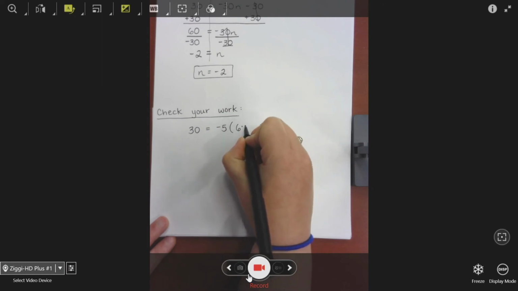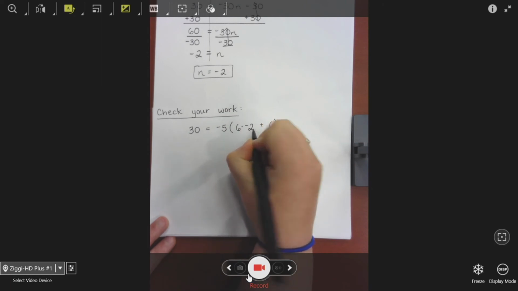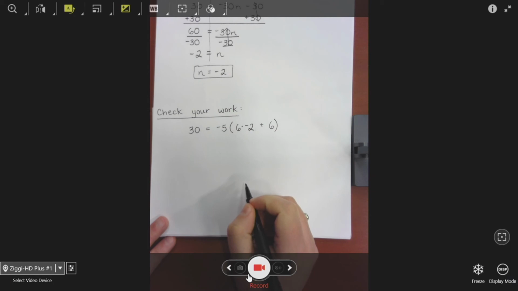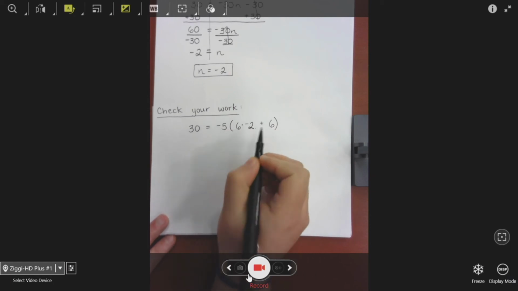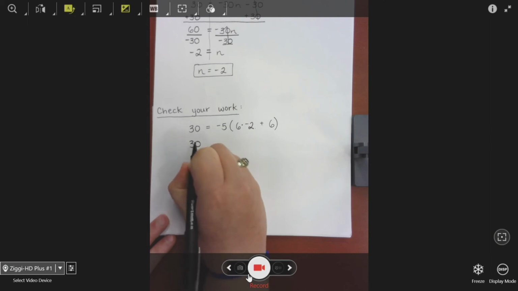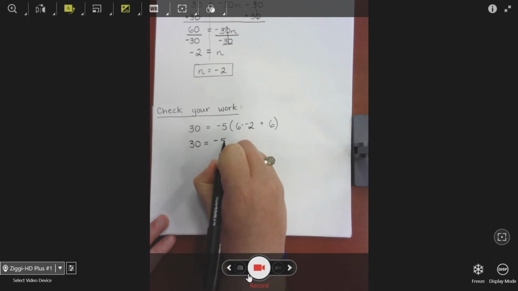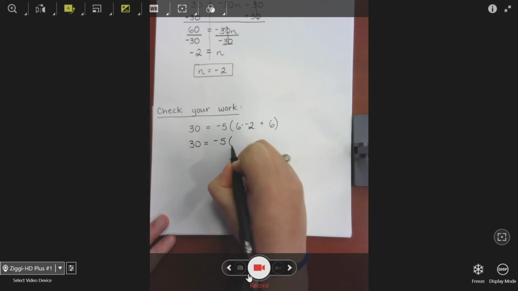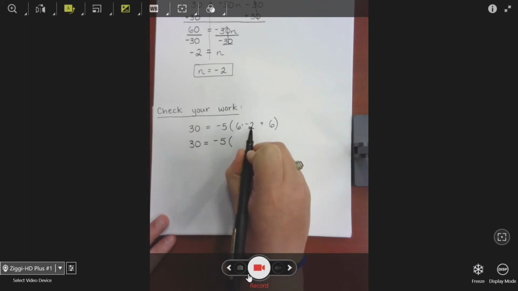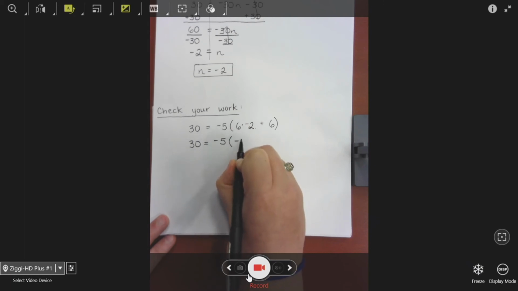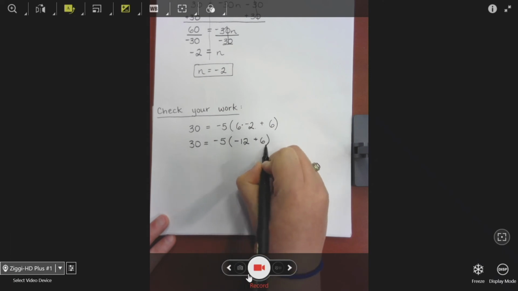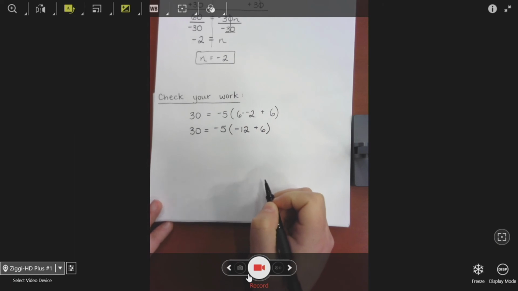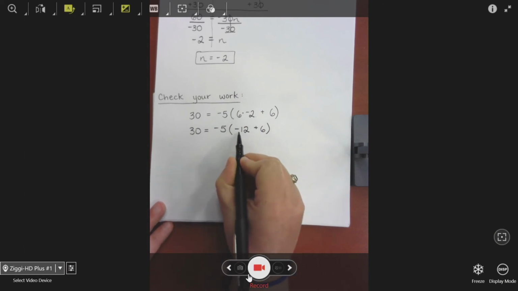So here, I'm going to say negative 2. So we're going to do order of operations. So we'll say 30 equals negative 5 times 6 times negative 2 is negative 12. And then we'll do plus 6. Parentheses comes next.